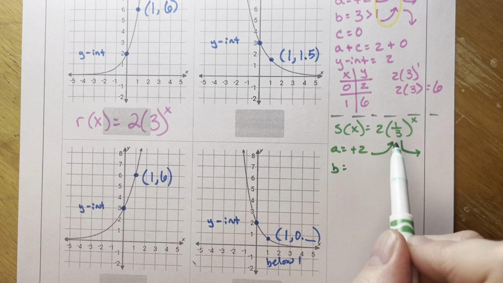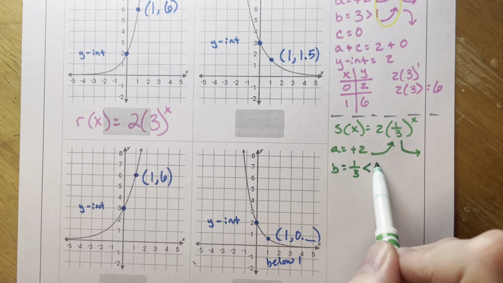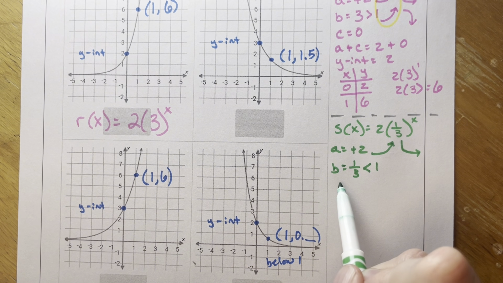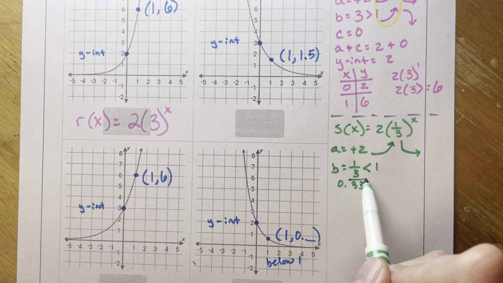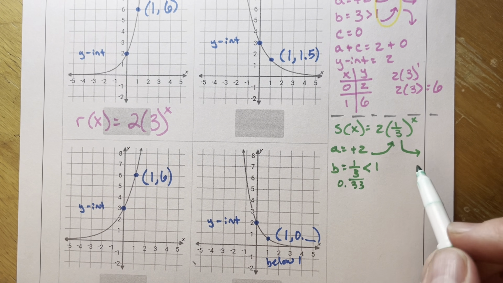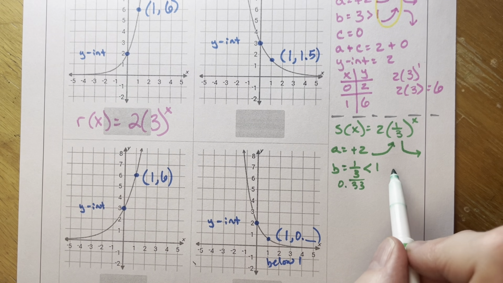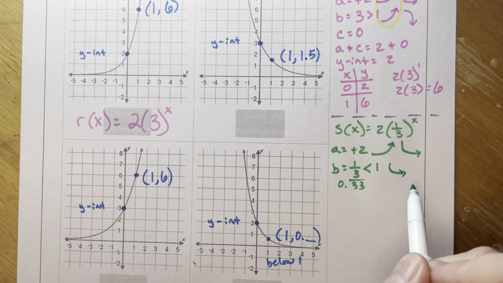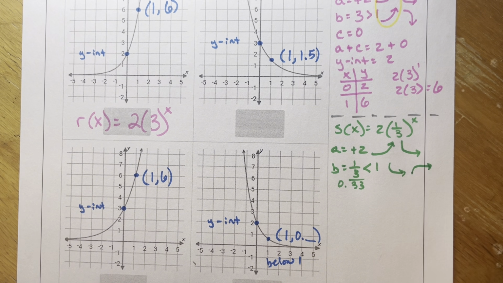And B has a value of 1/3, which is very much less than 1. If you need a decimal, that's approximately 0.33 with the 3's repeating. And these graphs are going to be traveling either down and to the right, flattening out, or up and to the right, again flattening out.